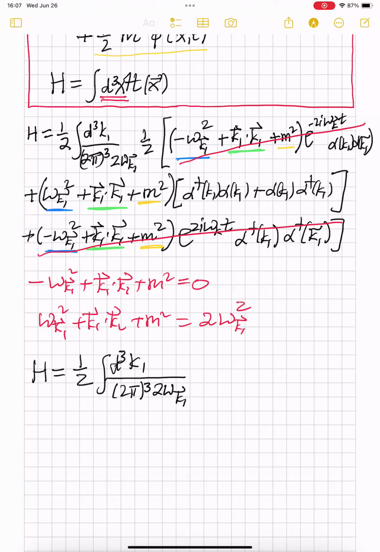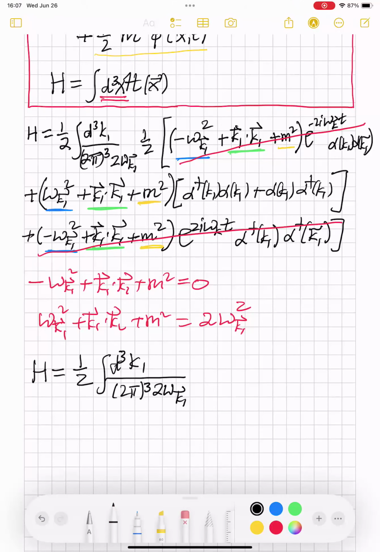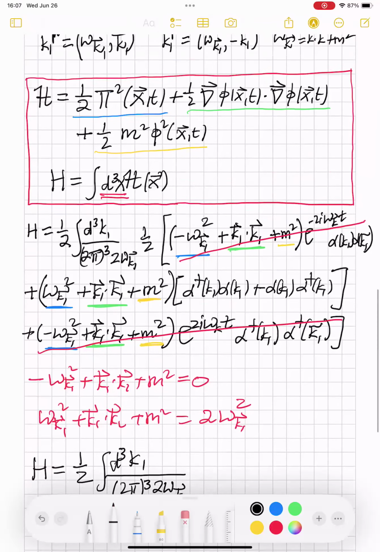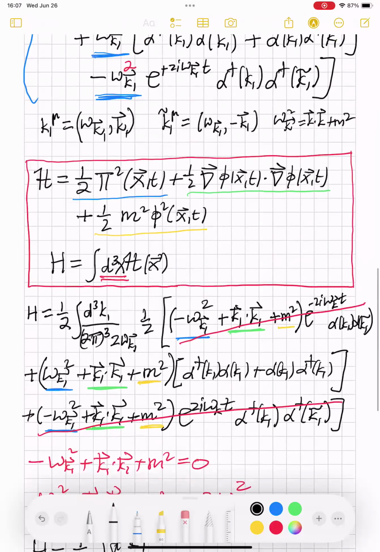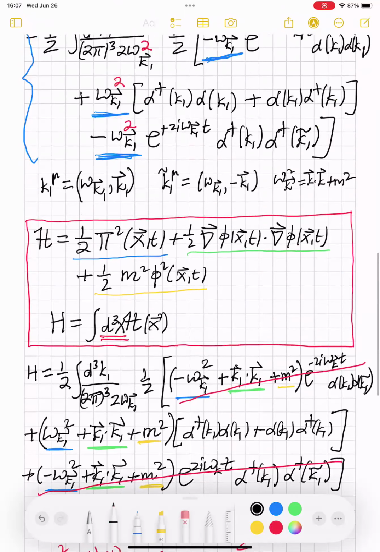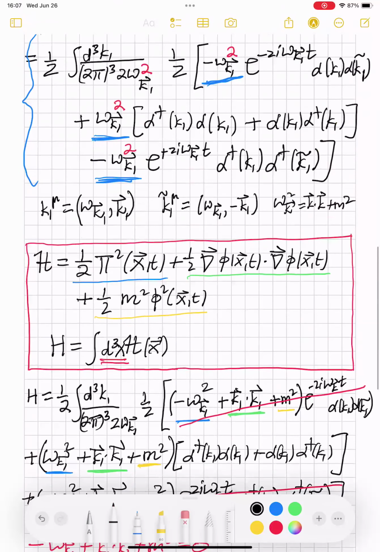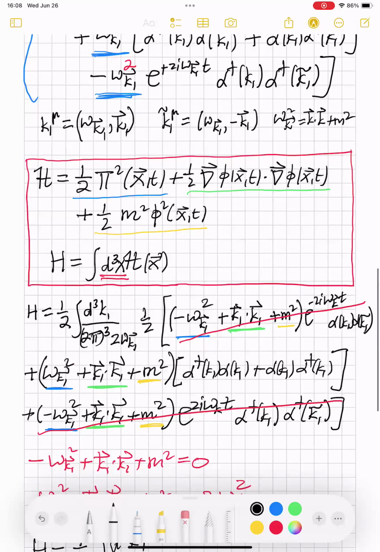So that's just the measure sitting there. And then we've got 1/2 times this bracket, which is 2 omega k1 squared. Well, oh, sorry, guys, I screwed up. What did I screw up? Lucky I noticed it here. With the measure, we changed the omega k into an omega k squared. So sorry, this should be squared. That's the manipulation that we did just to make things simpler. And this should be squared, okay?